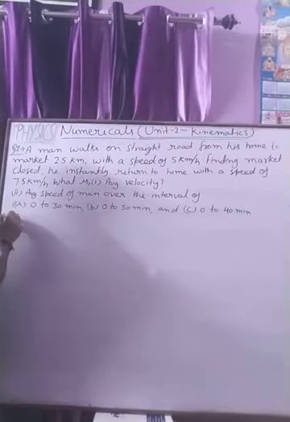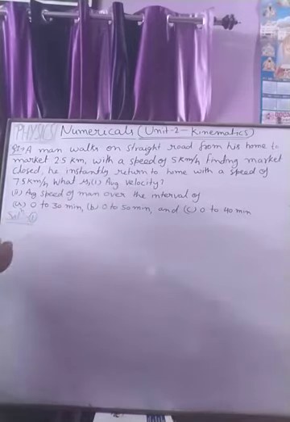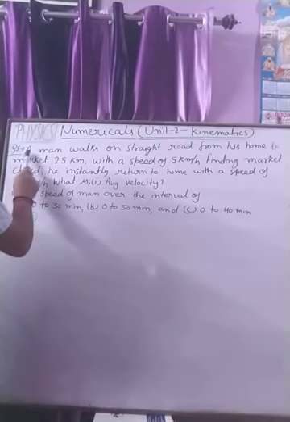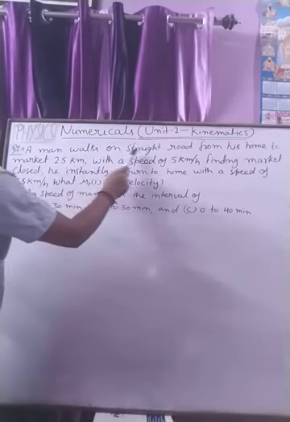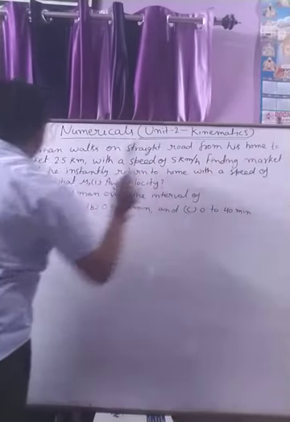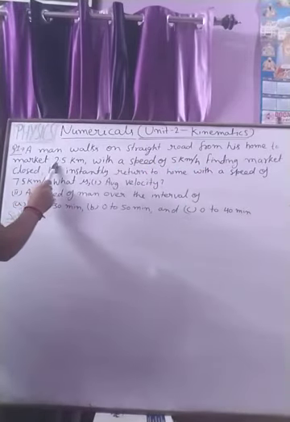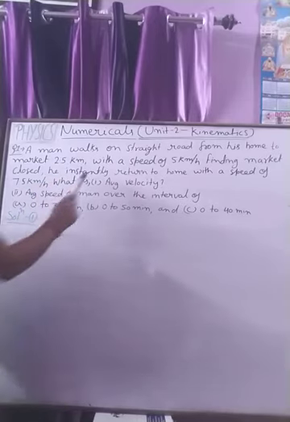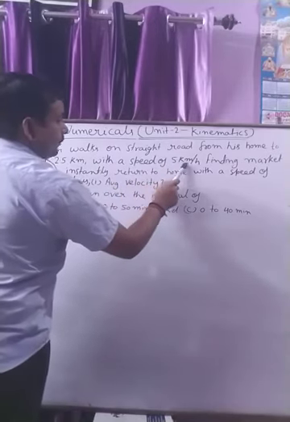Now solution number first. The question is: a man walks on a straight road from his home to the market, 2.5 kilometer, with a speed of 5 kilometer per hour.